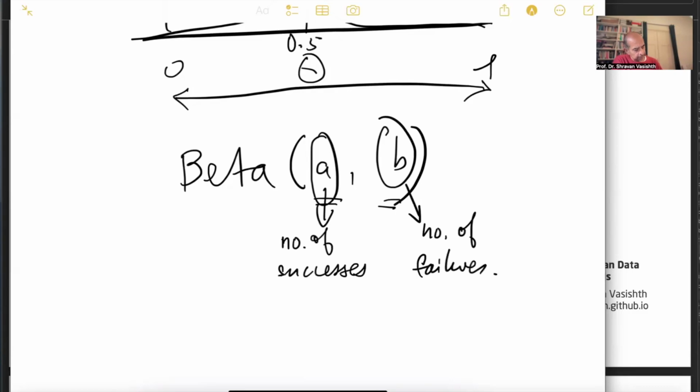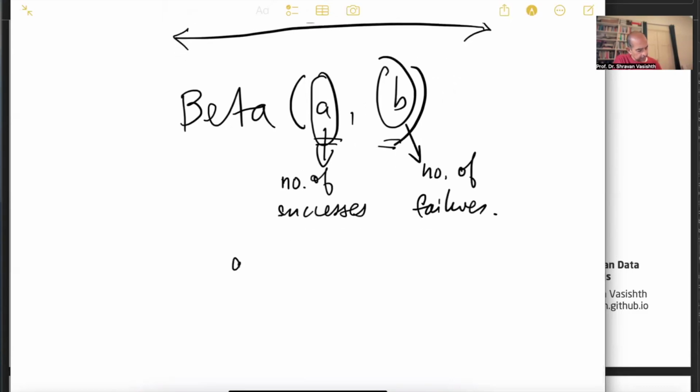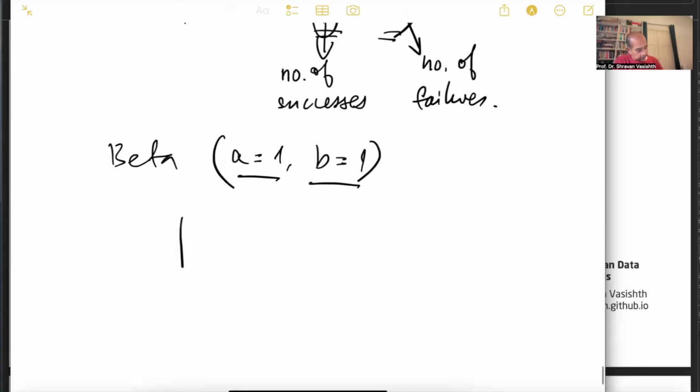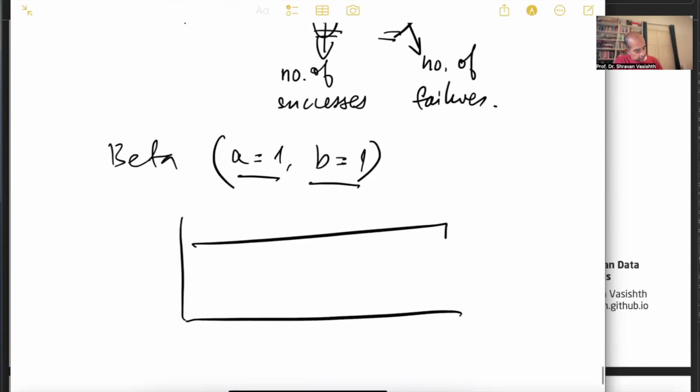So for example, if you set A equal to 1 and B equal to 1 as your values for this beta distribution, this means that you are defining a uniform distribution over the parameter space, over theta, right?